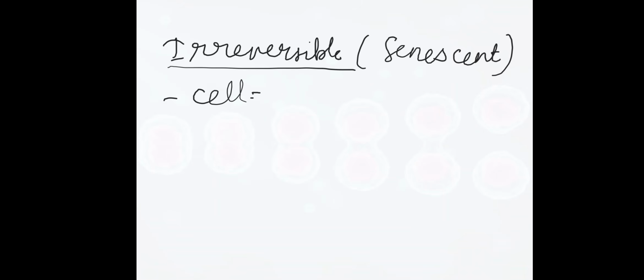And irreversible means, it is also known as senescent stage. In this stage, the cell has ceased proliferation.